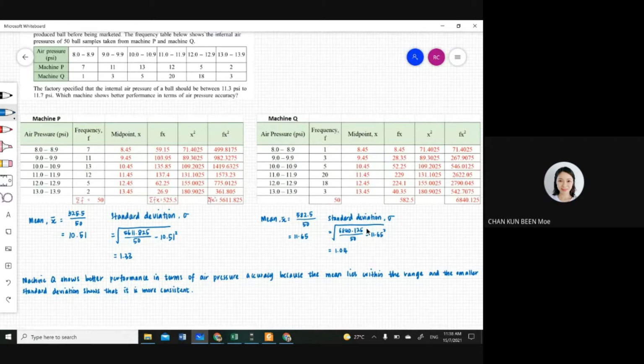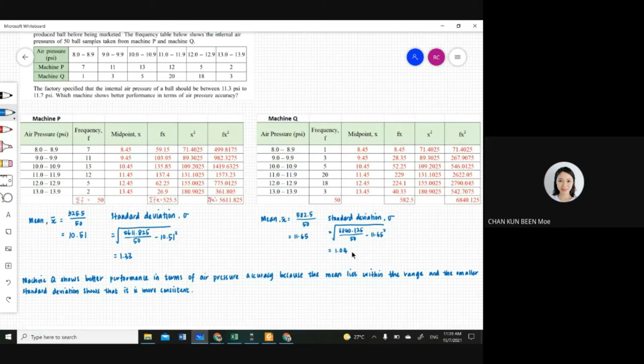For machine Q, the mean is 582.5 over 50, so it is 11.65 exactly. The standard deviation is the square root of 6840.125 over 50 minus 11.65 squared, so the answer is 1.04.